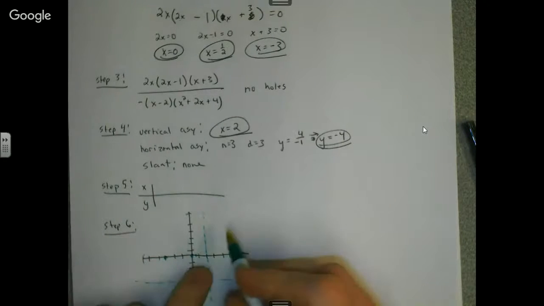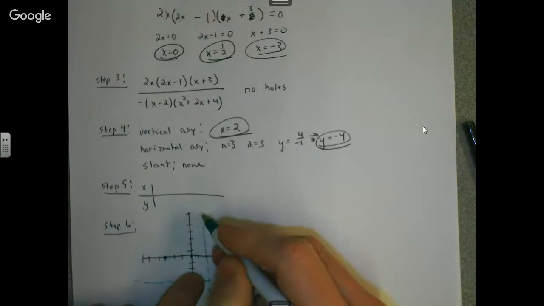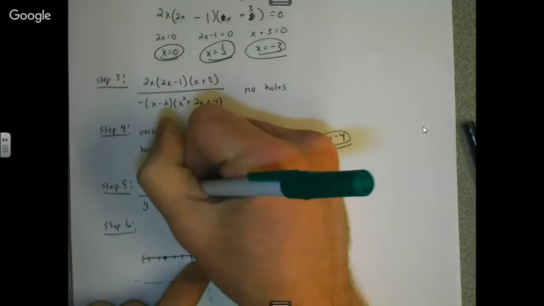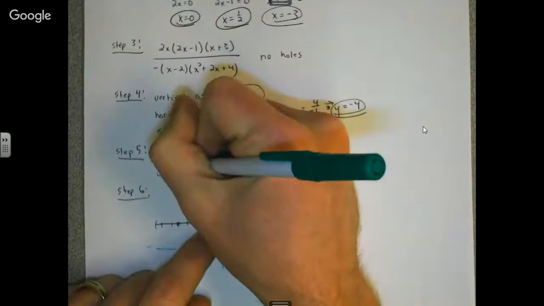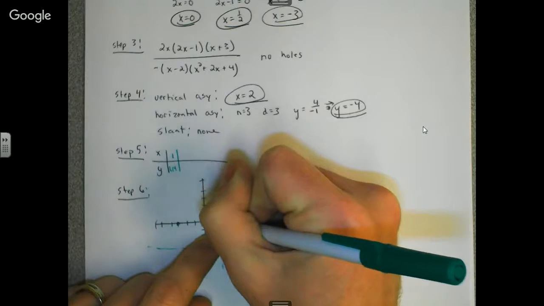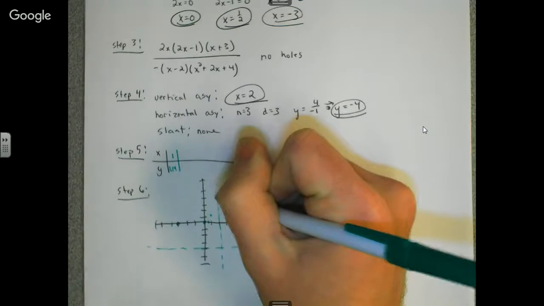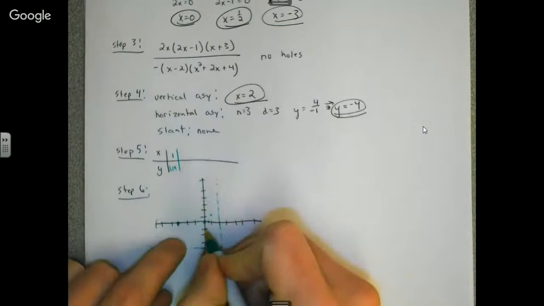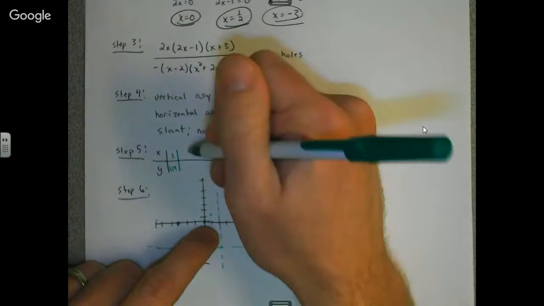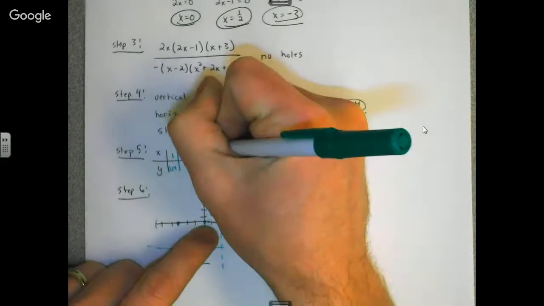So I might start here. I know I'm approaching this, but which direction am I approaching it is what I got to figure out. So I might pick 1. If I plug 1 in way up here, we will get 1.14. So I know I'm approaching this way. It's hard to tell what's going on here, so I might put in a 4th.